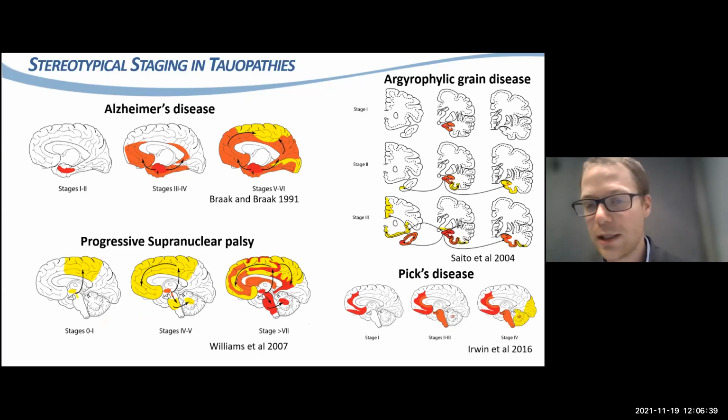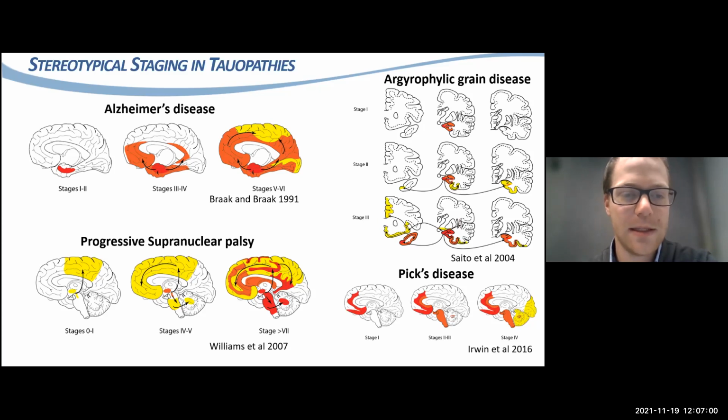Interestingly, tau aggregates in not only Alzheimer's disease, but around 20 other pathologies, which are known as tauopathies. A number of them are very, very rare, so it's very difficult to do staging, but some of them are not that rare.